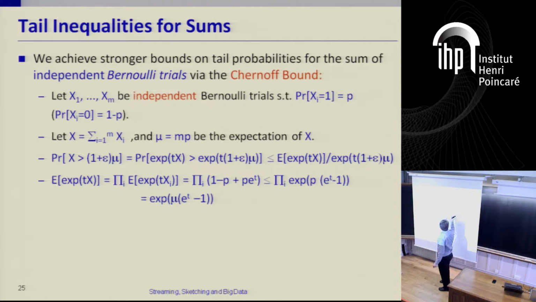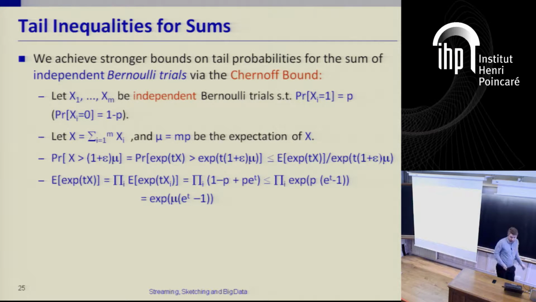These only take two possible values, 1 with probability p, 0 with probability 1 minus p, so I can explicitly write out that expectation. It's the product over the m variables of 1 minus p times what you get when you put a 0 in here, which is a 1, plus p times what you get when you put a 1 in here, which is e to the power t.